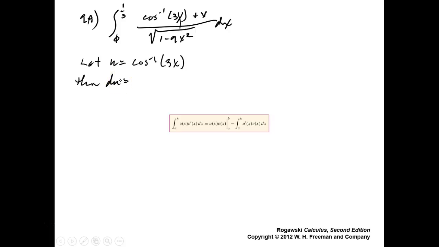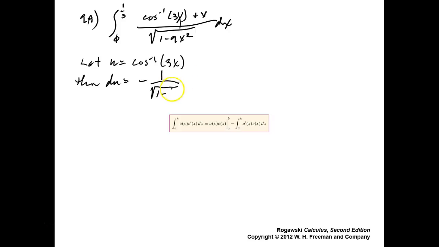Looking at that, it's what? Negative 1 over the square root of 1 minus, okay? Now here you would put in your 3x rather than x, right? Because this thing in the book is for x.